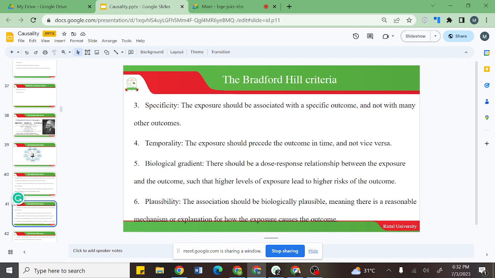There is something in science that we can use to explain the relationship between the exposure and the health outcome.